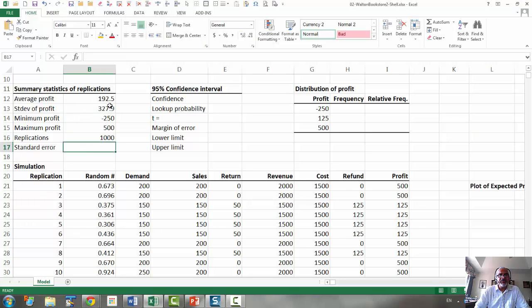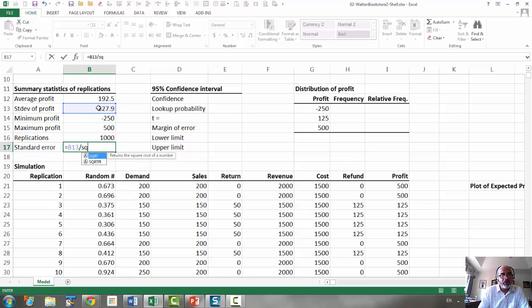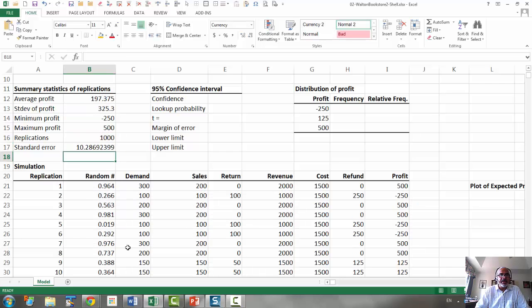Standard error is nothing but the standard deviation divided by the square root of n, and n is the replications, the number of profits we have. So this is the standard deviation divided by the square root of the replications. That will give us the standard error.